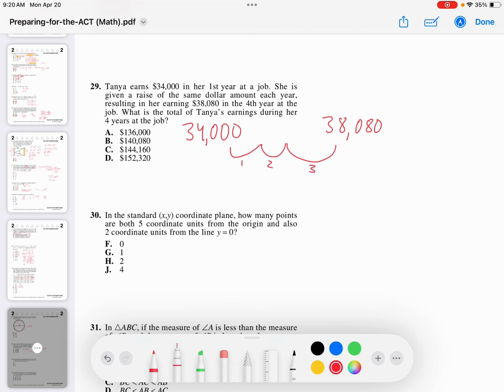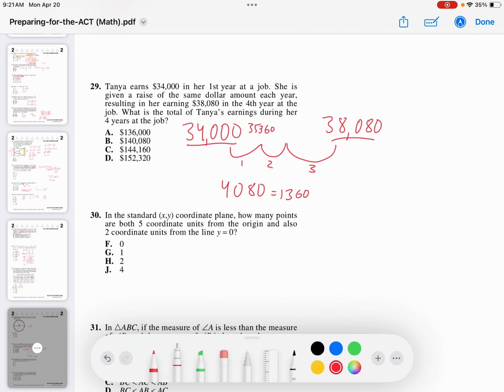The difference between these two is $4,080. If I divide that by 3, that means each year she got a raise of $1,360. So in the second year, she would have gotten $35,360.